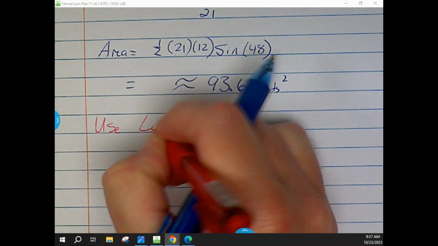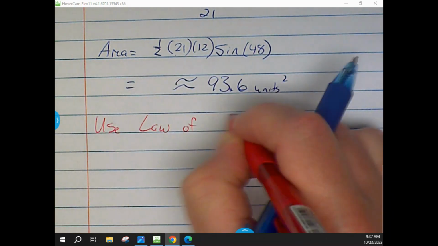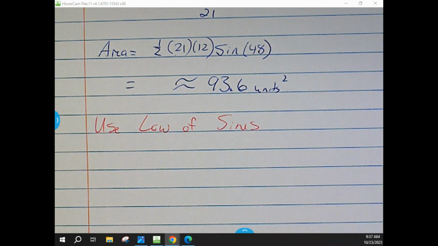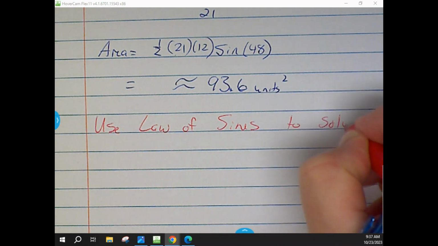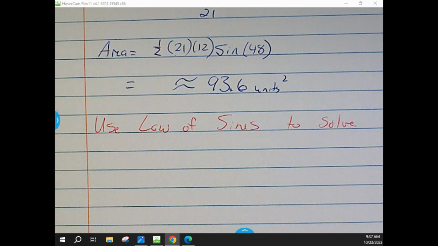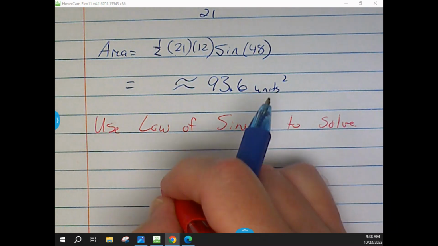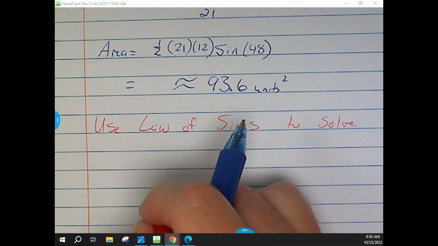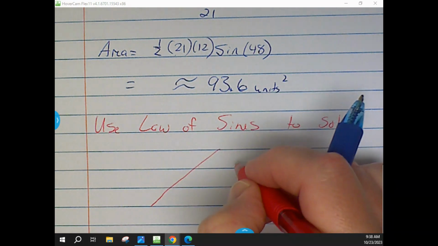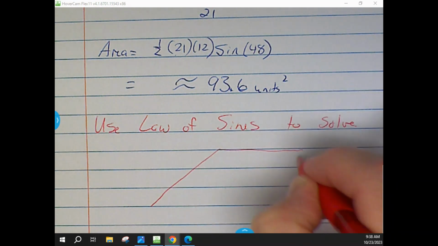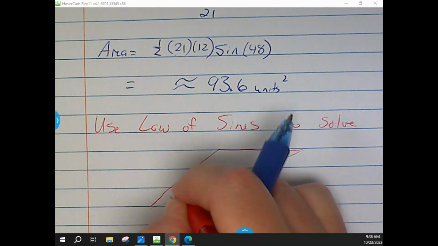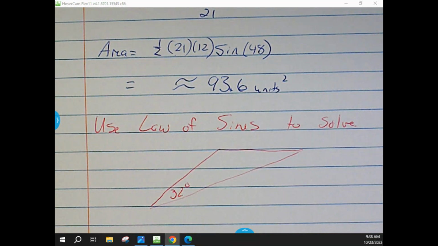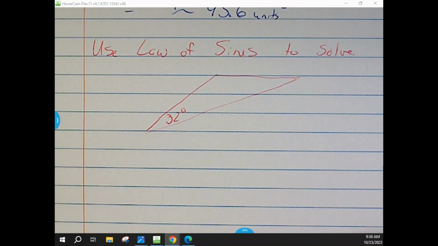All right, so let's use law of sines. So let's go with that being 32 degrees.